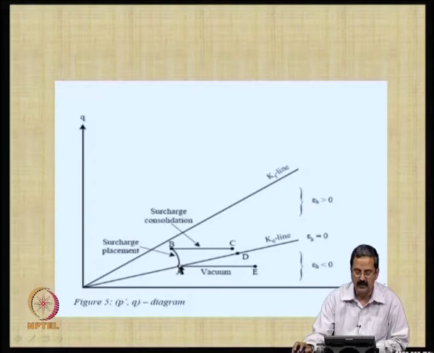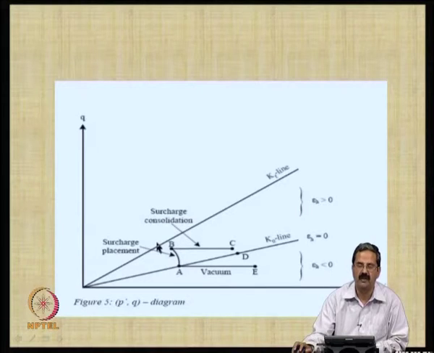So, why do we need monitoring in the field? What do you monitor? It is actually the pore pressures we monitor. See that the pore pressure is not leading to higher values. Q will increase, but at the same time Q should not lead to failure. So, we do not want this point to reach here. That is the reason why we are measuring effective stresses and pore pressures in the field.